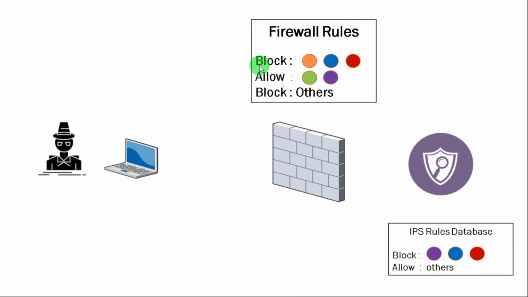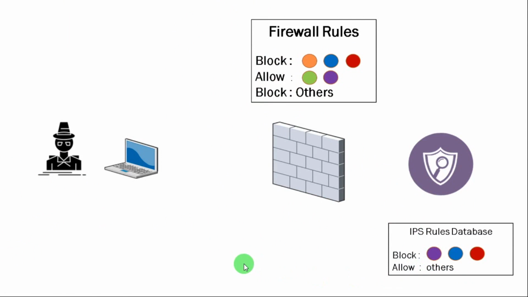The first block list is blocking the packet explicitly, and the second block list is blocking everything. Now, the IPS is blocking packets based on specific patterns and allowing everything. But on what rule basis these products are blocking the packets, you will learn later.